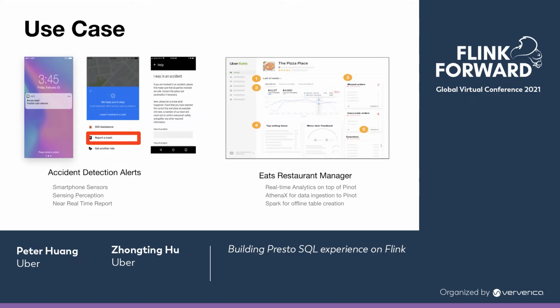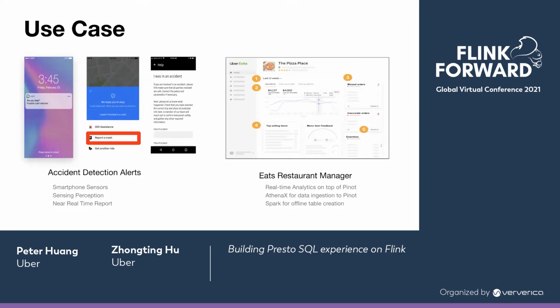In this application, users need to cover different types of analytics tools. For example, Presto SQL to explore data and to understand the importance of different features, ETL using Presto SQL to generate data for machine learning, and also streaming SQL to generate the real-time features. On the right side is the Eats Restaurant Manager.